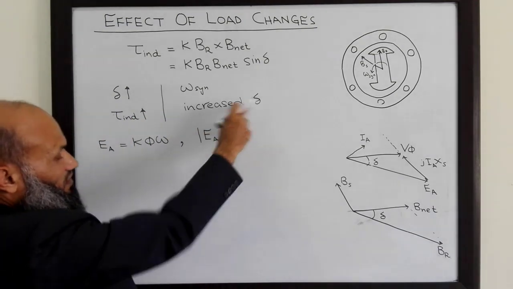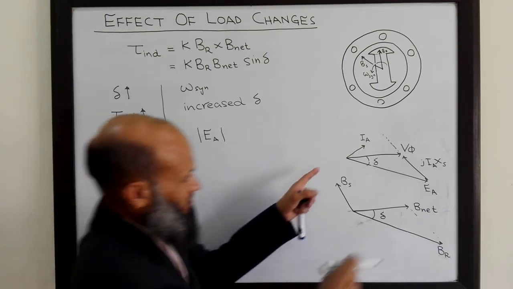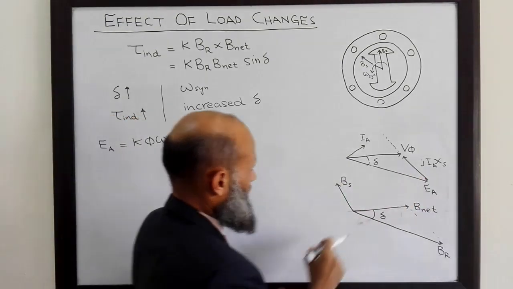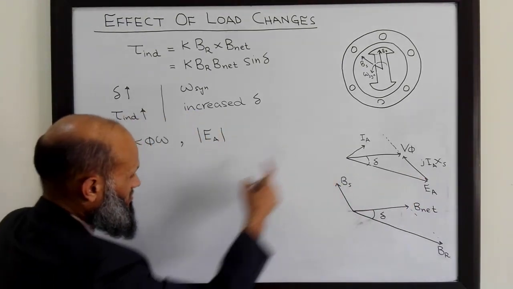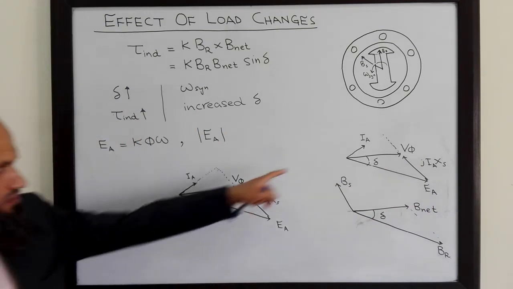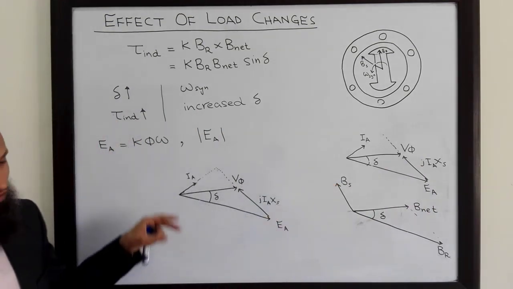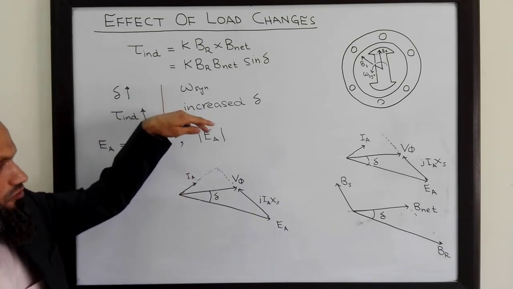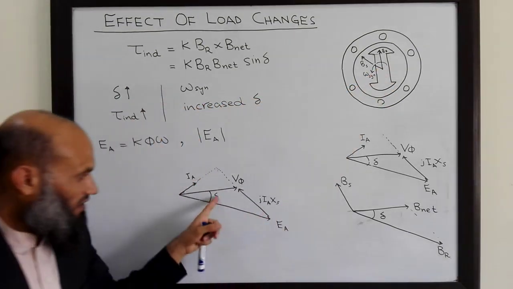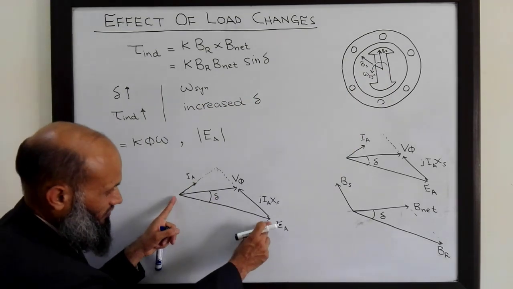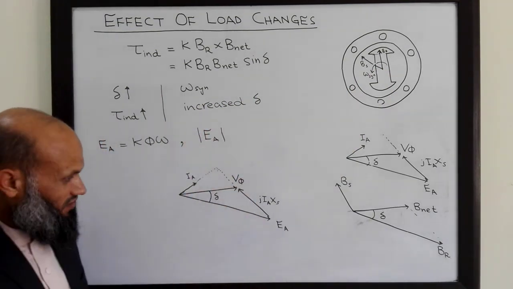And the torque angle increases. Let me redraw this phasor diagram over here. The same phasor diagram sketched again. What will happen when you increase the load connected to the motor? The torque angle will increase. This length will remain the same. Magnitude of EA is the same.